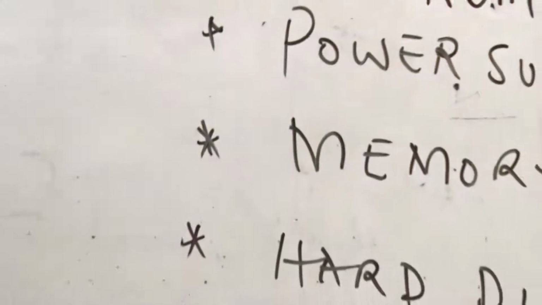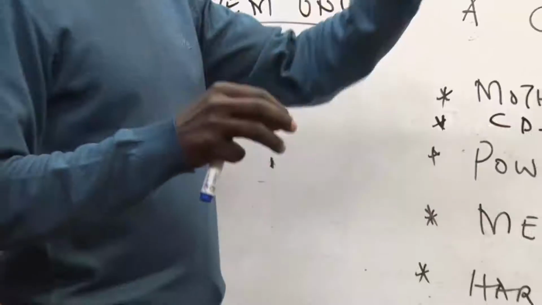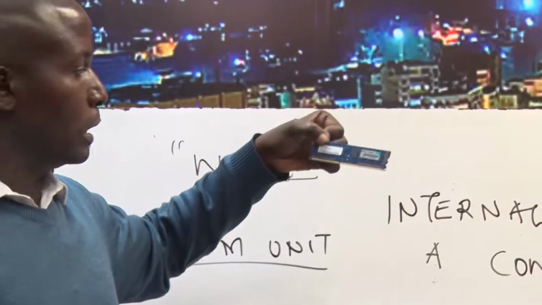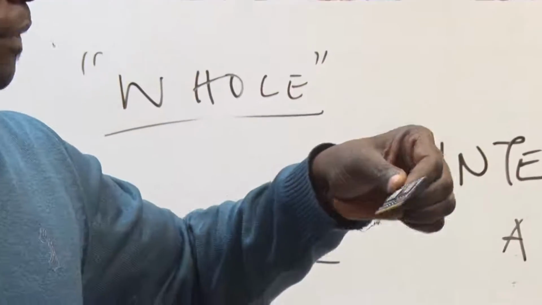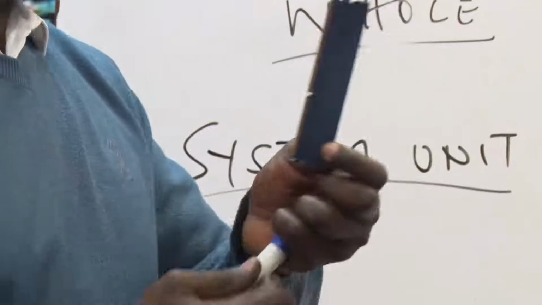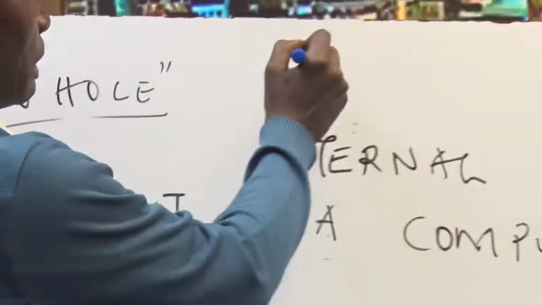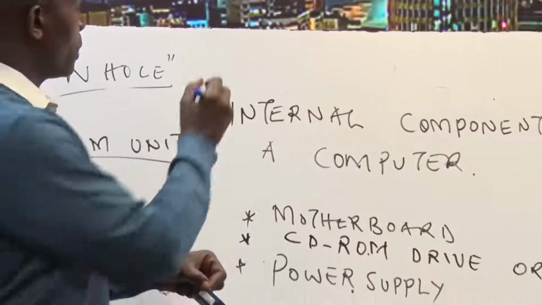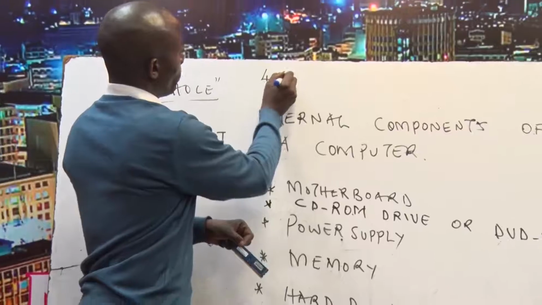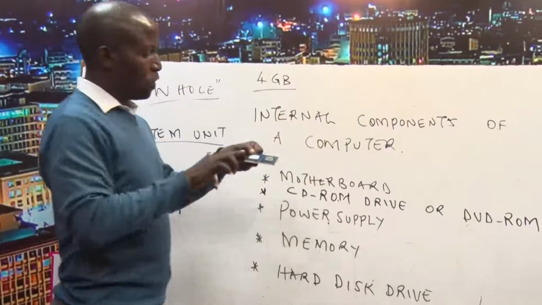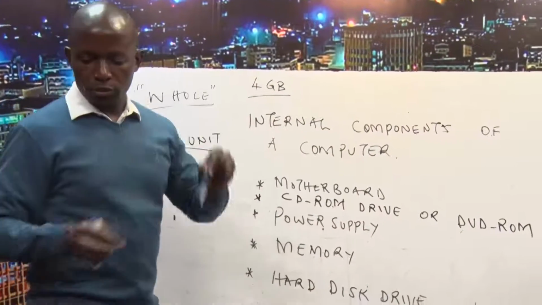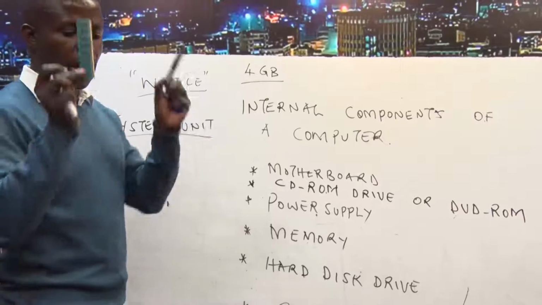We have got what we call the expansion slots, we have got the memory slots, and when I talk of the memory slots, I need to go back and show you what we call the memory. This is a memory stick. These memories come in various capacities. So the computer that I have here, its memory capacity is up to 4 GB. So this is a 4 GB memory stick, and as you can see, there are two.